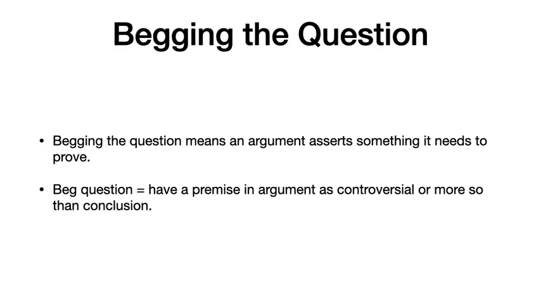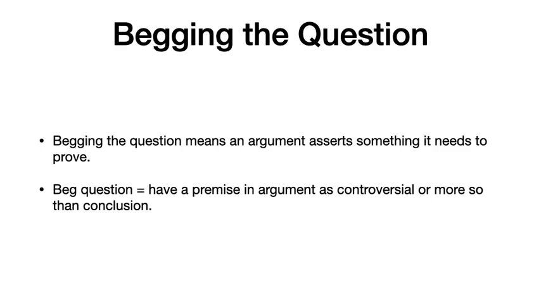Whenever a premise is as controversial or more so than the conclusion, we beg the question. That is a thing we do not want to do. If one of your premises is as controversial or more so than the conclusion, that is a question-begging argument.